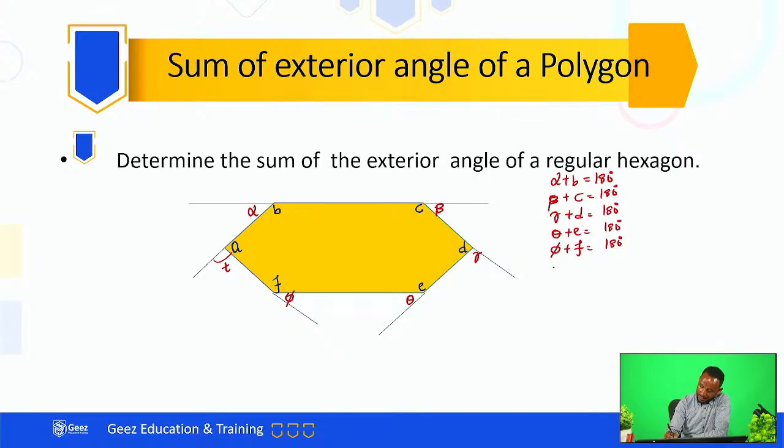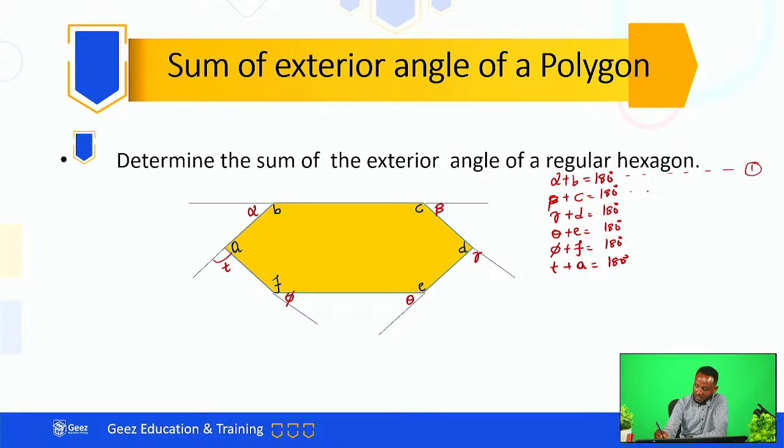And finally, I'm assuming t, just to be less confusing, as the measure of an angle. T plus A is 180 degrees. These statements have their own reason, and the reason is that the measure of the angle of a straight line is 180 degrees.